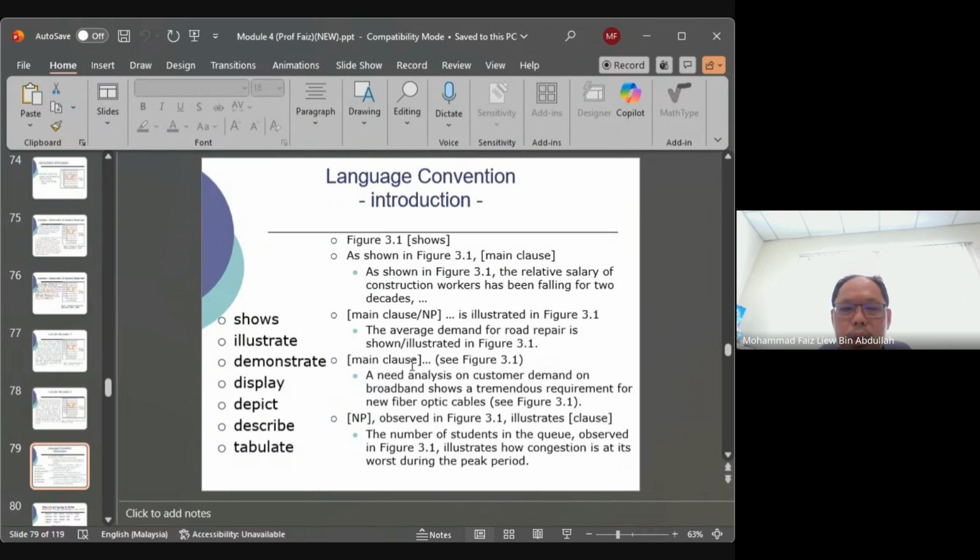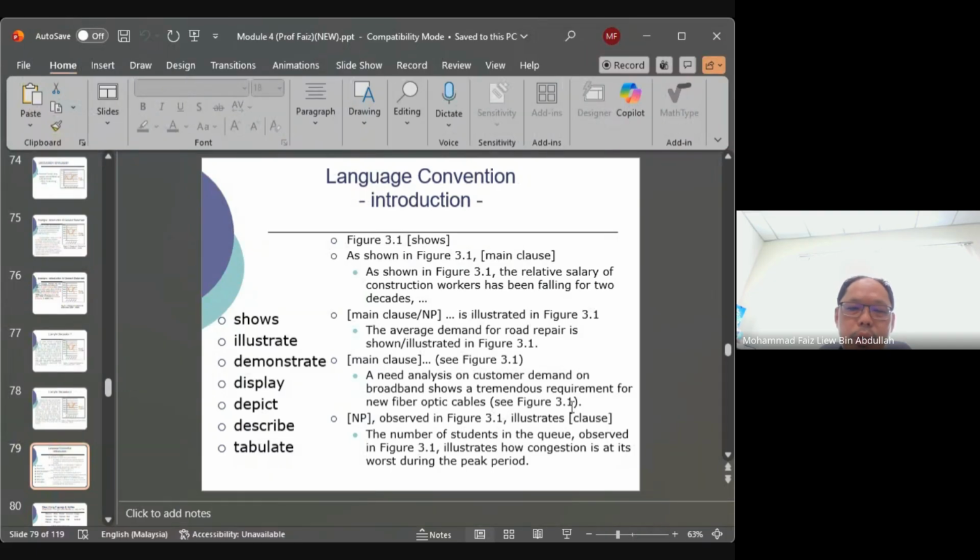Or you can write the main clause and then just put brackets, see Figure 3.1. Usually, if you look at theses in the US, they like this kind of style, but in the UK, they don't like the bracket style. So usually we use the first, second, third methods of referring to a figure.